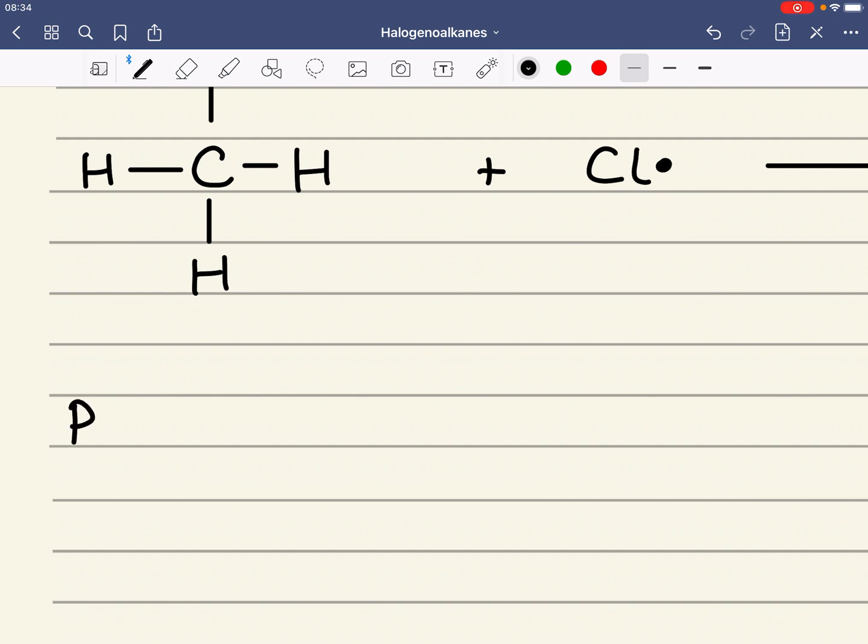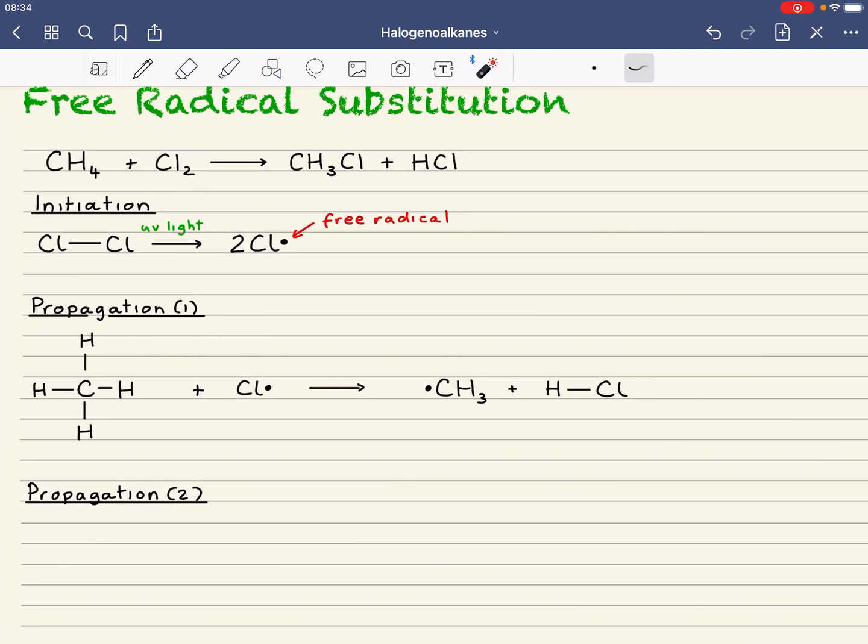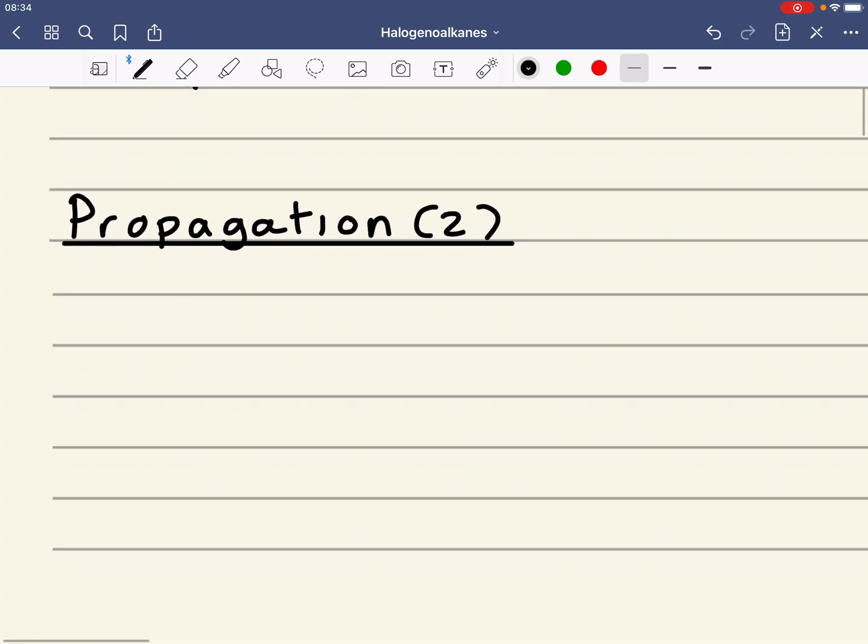So let's have a look at propagation 2. I form one of my products. If you go back to my reaction, HCl is one of the products. We form HCl in the first propagation step. We now need to show how we form chloromethane. This methyl radical reacts with another chlorine molecule, Cl2.